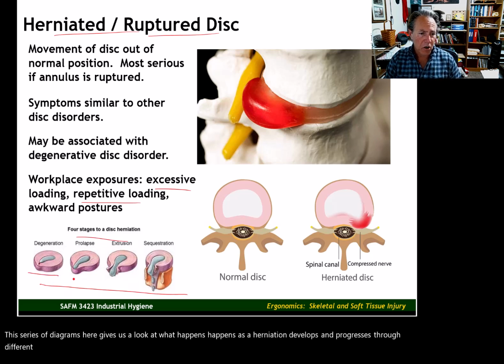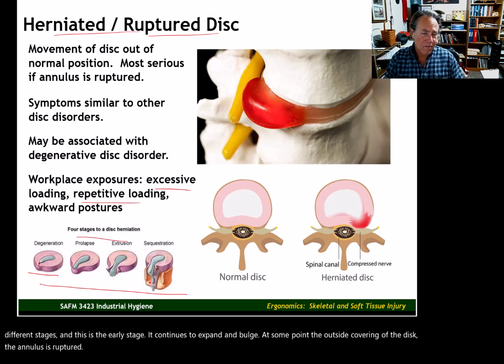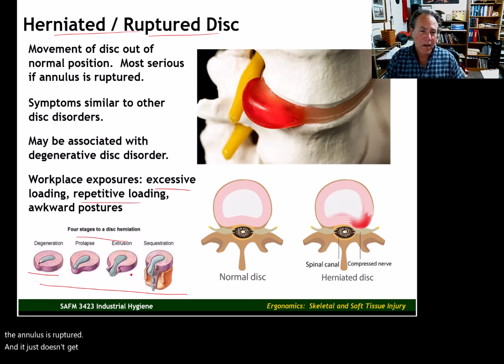Again, this is the early stage. It continues to expand and bulge. At some point, the outside covering of the disc, the annulus, is ruptured, and it just doesn't get any better from there.